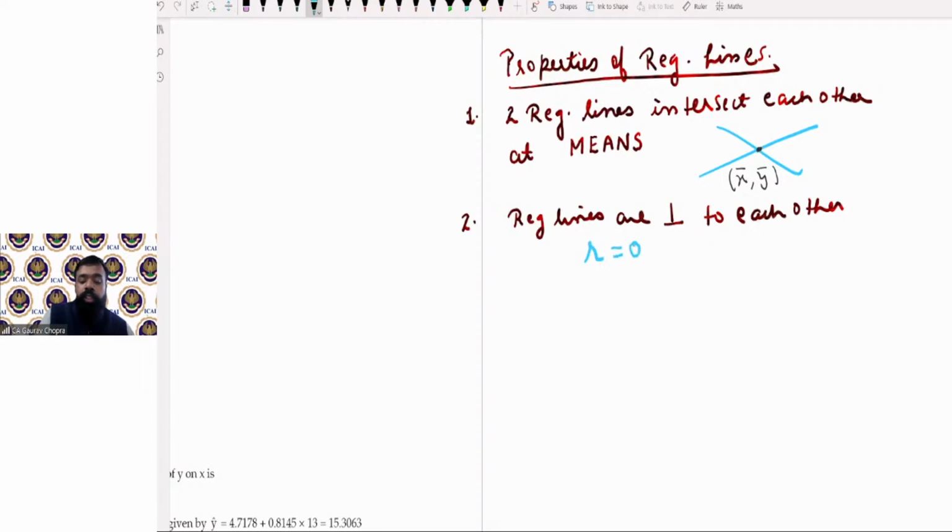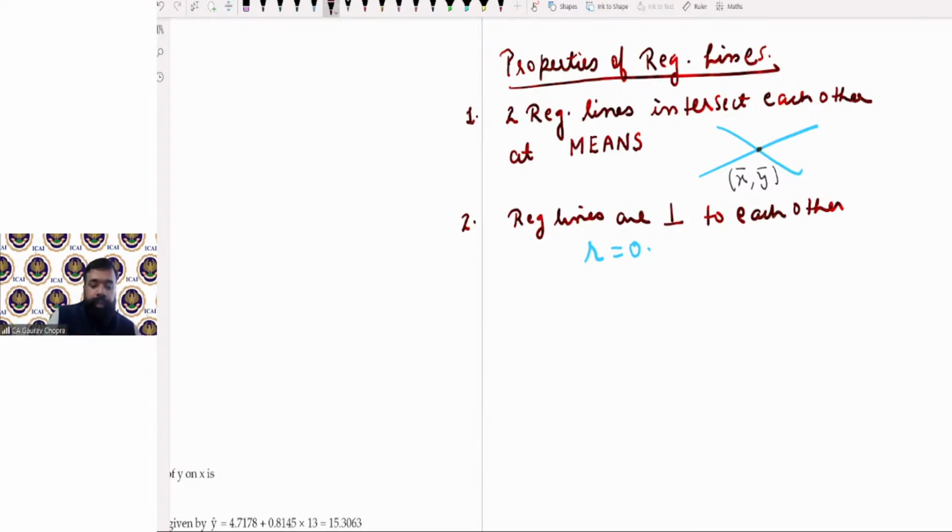Then correlation will be zero. That means both the lines are unrelated. दोनों लाइन में कोई रिलेशन नहीं है, बिकॉज एक लाइन जा रही है हॉरिजॉन्टल और दूसरी है वर्टिकल, तो इसका मतलब दोनों में कोई कनेक्शन नहीं है, नो कोरिलेशन, वैल्यू ऑफ आर विल बी जीरो। ओके, so Rohit says crystal clear, Vedi says clear, that's great.